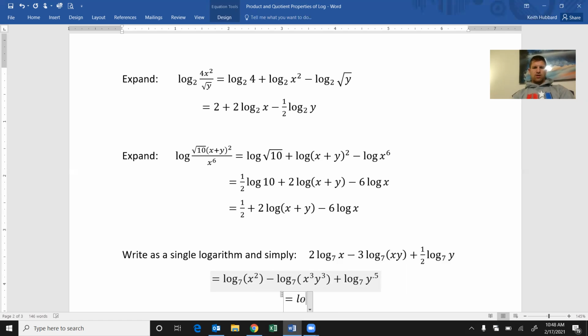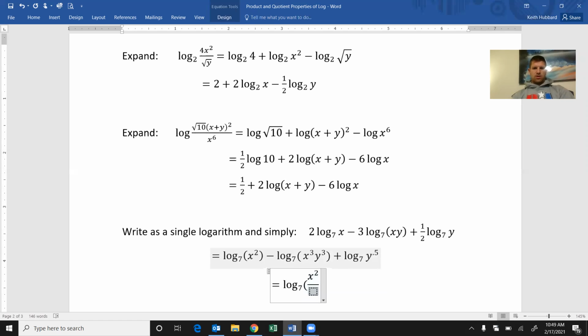Equals, okay, log base 7. I'm going to use the quotient rule to say, hey, it's x squared over the quantity x to the third, y to the third, right, times y to the 0.5 or y to the 1/2, right?